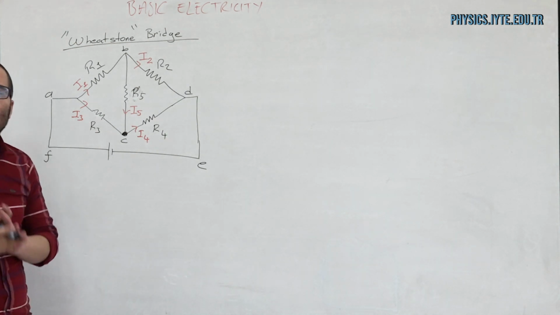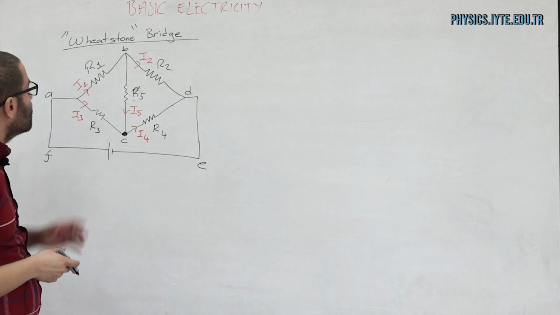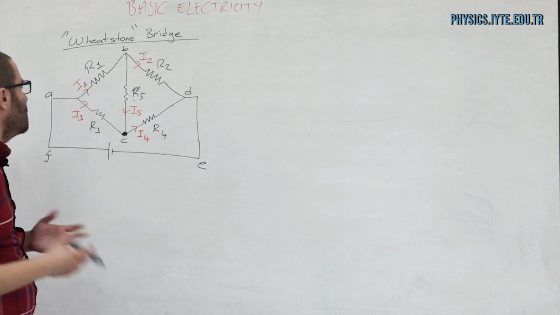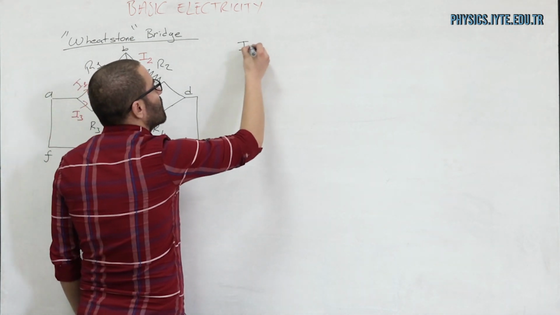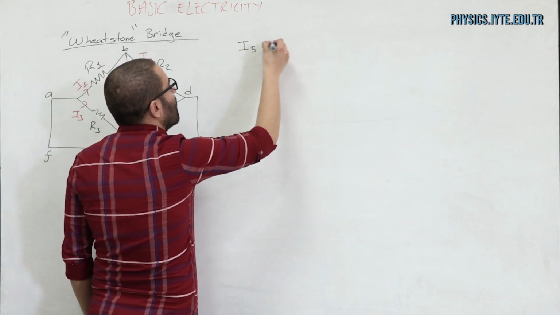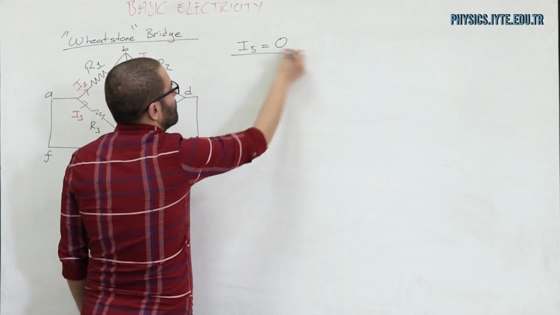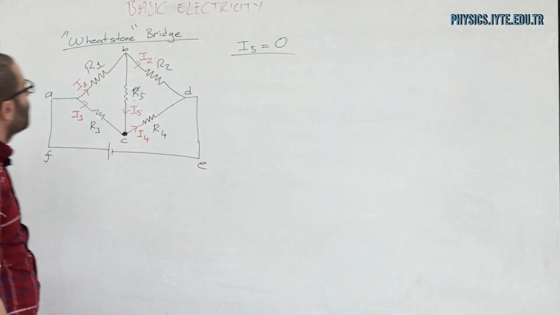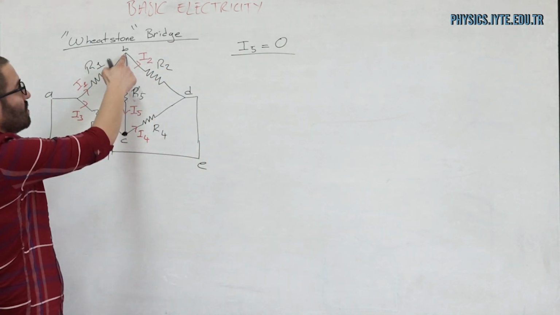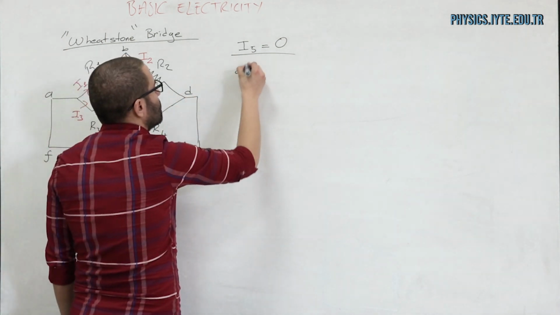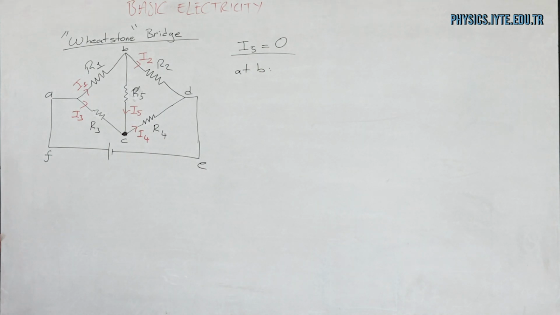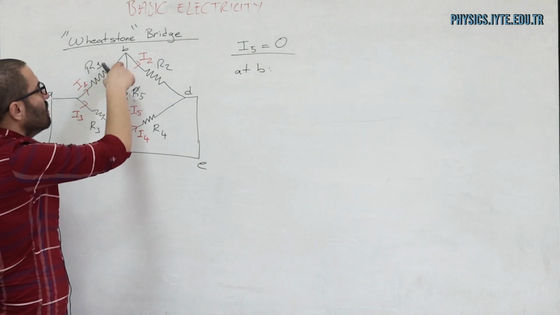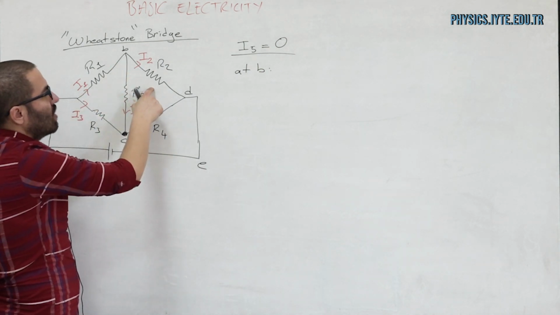Now let's try and see what makes this Wheatstone bridge special. Let's just assume, for the sake of convenience, I5 is equal to 0. So at junction B, from the junction rule, I have I1 coming in and I5 and I2 coming out.